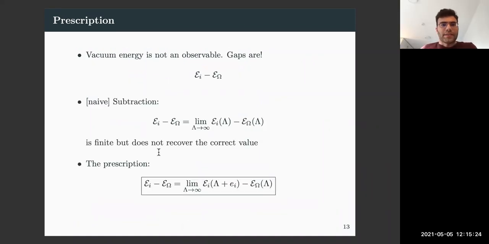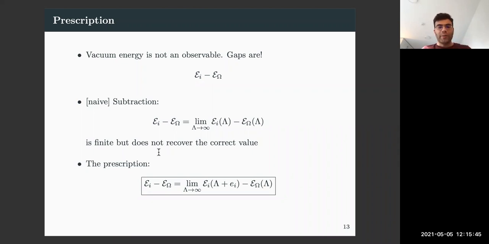So the question is, is it a problem that we have the vacuum energy, that all of the energy spectra individually are going to infinity? It's not a problem because vacuum energy is not observable, but gaps are. So what we're interested in is the difference of the excited state energy minus the vacuum.